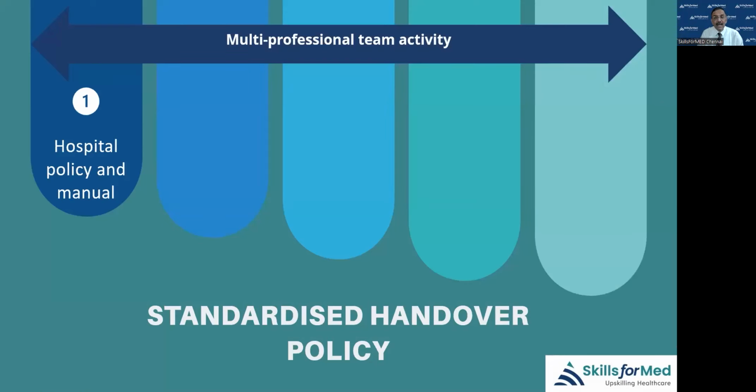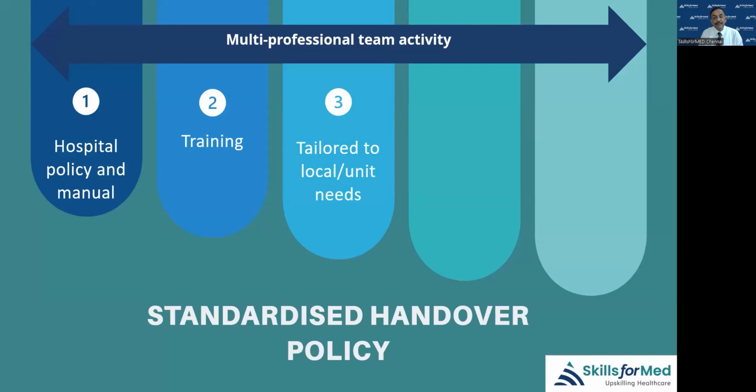So first, as with any other system, you need to sit down and put down your hospital policy and write the manual. So it has to be written down. It should be based on the guidelines which I pointed out. Then, based on the policy and manual, you will create training material and train the nurses and doctors.